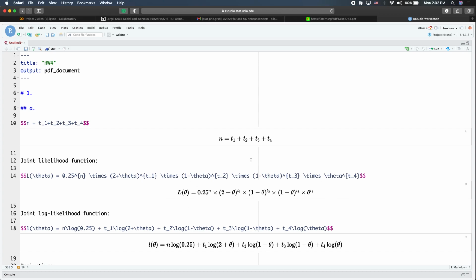This will be the joint likelihood for this PMF particularly, with each term raised to the power of its corresponding occurrence.